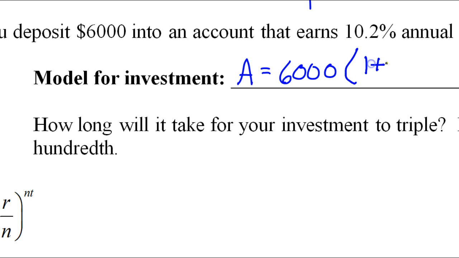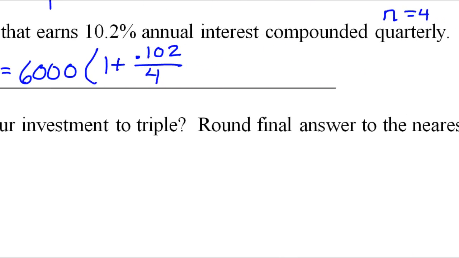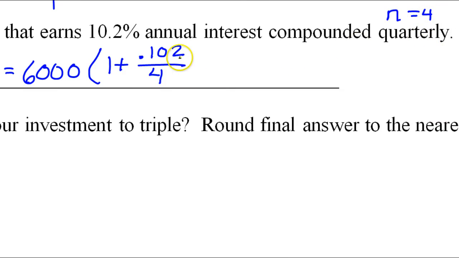This rate, 10.2%, as a decimal, we move the decimal point twice, so this will be 0.102, over 4. Again, that 4 is because we're compounding quarterly, n is 4.